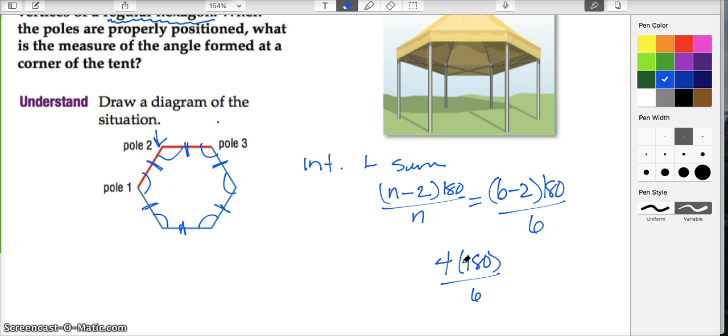And since this is all multiplication and division, I can help myself out by dividing 180 by 6, because I know 18 divides by 6. 6 goes into 18 3 times, so 6 goes into 180 30 times. 4 times 30, which is easy for me to do, gives me 120. So what I know is that I have an angle here that's 120 degrees because I found the interior angle sum, then divided by the number of angles because I was dealing with a regular polygon.